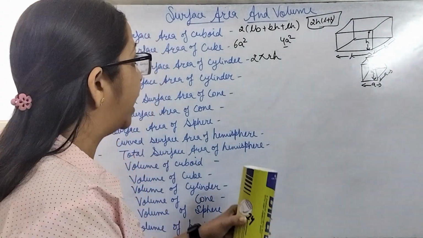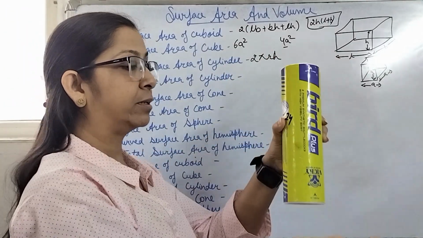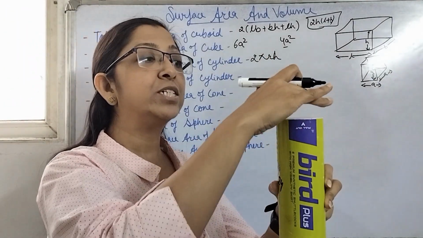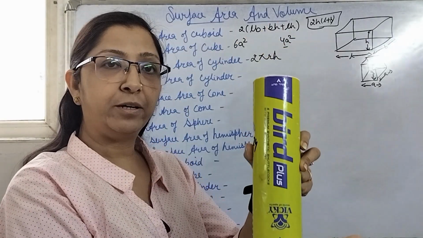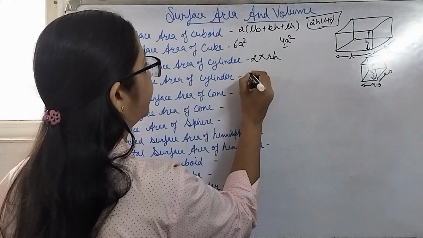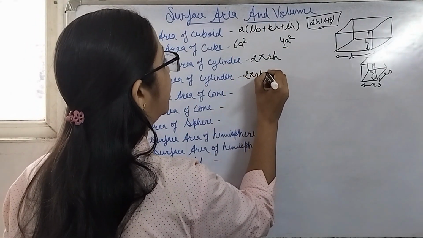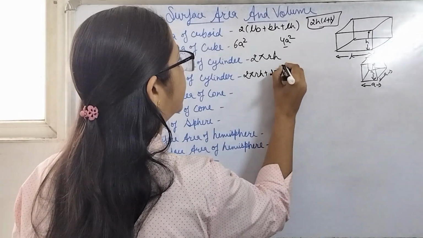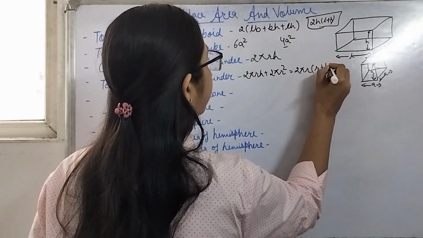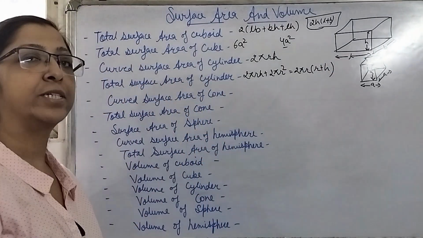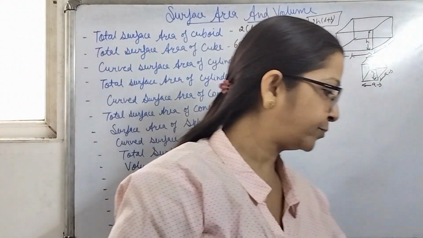If we also take the uppermost and the lowermost areas, which are circles with area pi r square each, it becomes 2 pi r h plus 2 pi r square, that is 2 pi r (r + h), the total surface area of the cylinder.